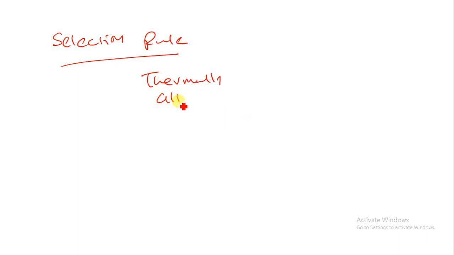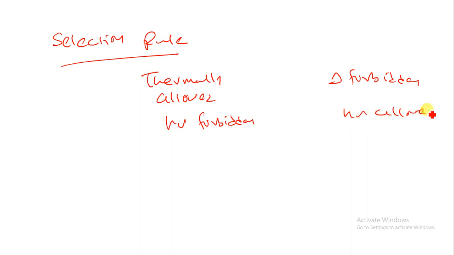So here you can write thermally allowed or photochemically forbidden, and second, thermally forbidden and photochemically allowed reaction. Here you can write the 4n system and the 4n plus 2 system.